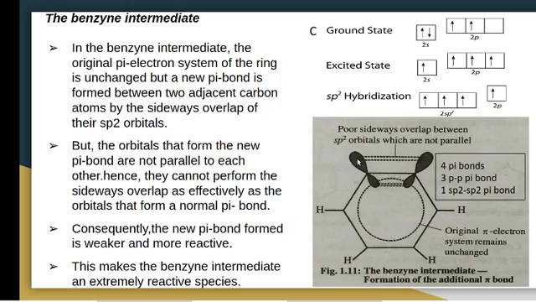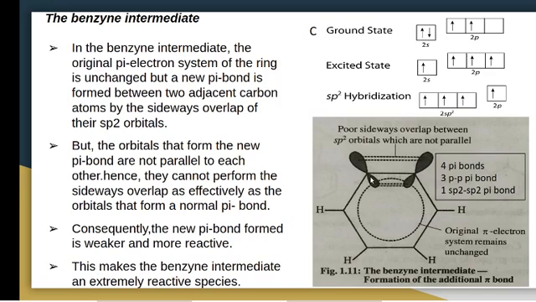So they can overlap sideways. Poor sideways overlap between sp2 orbitals which are not parallel. Here there are p orbitals perpendicular to the plane of the ring. That forms a pi bond.